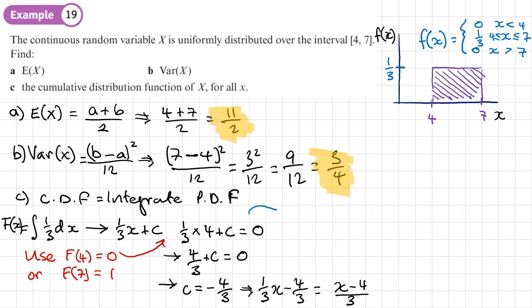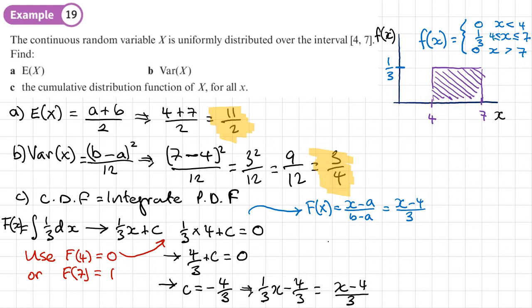If you remember the formula to find F of x in this interval, the cumulative distribution function, it's not in the formula book, but it's worth remembering. That's going to be x minus a over b minus a. So that will be x minus 4 over 7 minus 4, which is 3. So we get the same result. If you don't remember the formula, you can just integrate and then put one of the values in where you know the cumulative probability.